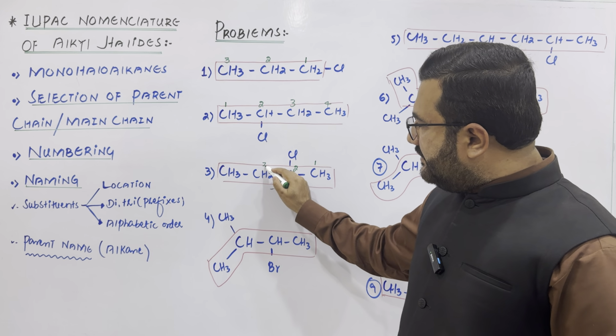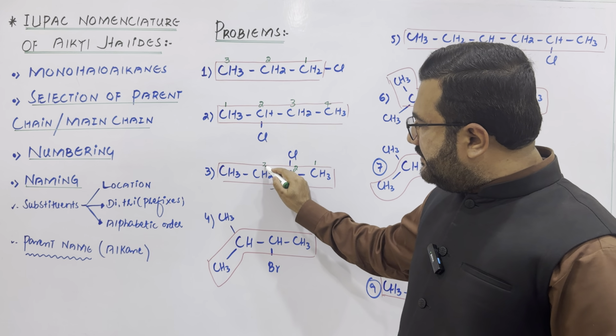In this case, there is a substituent methyl on the second carbon from this side of the chain, and the functional group is on the second carbon from this side of the chain. So when the functional group and substituents are at equal distance, obviously the functional group will be preferred. So you will start numbering from this side. It will be 1, 2, 3, and 4.